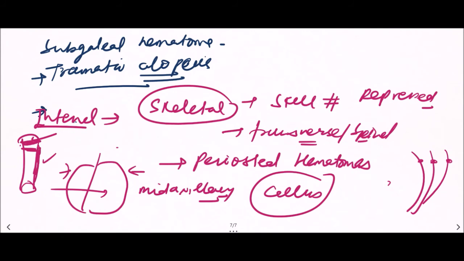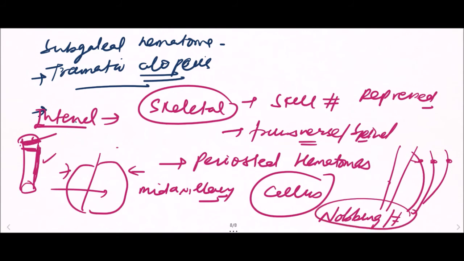These appearances in the paravertebral gutter are characteristic, and these fractures are known as knobbing fractures. So multiple rib fractures are also seen.